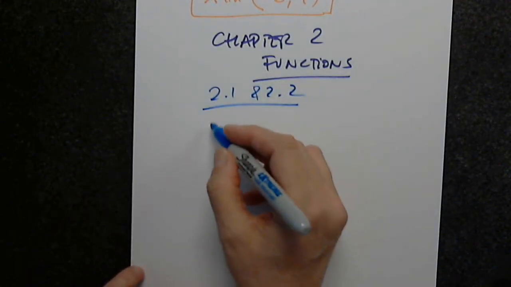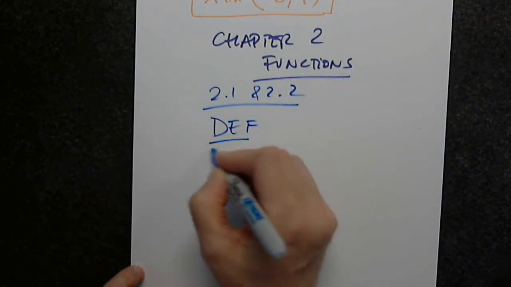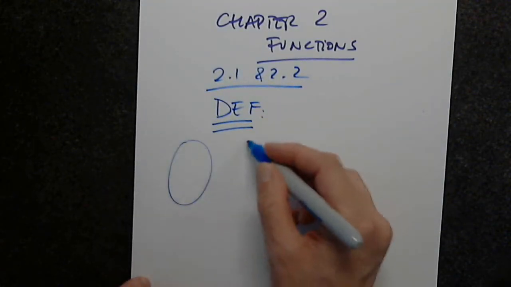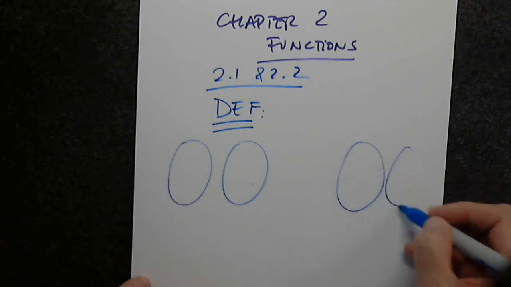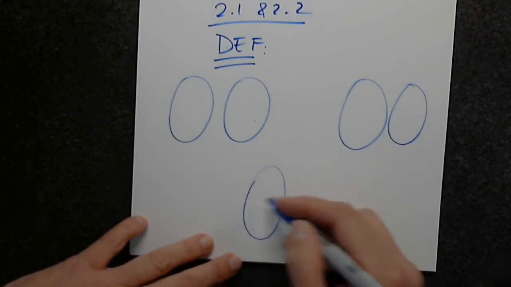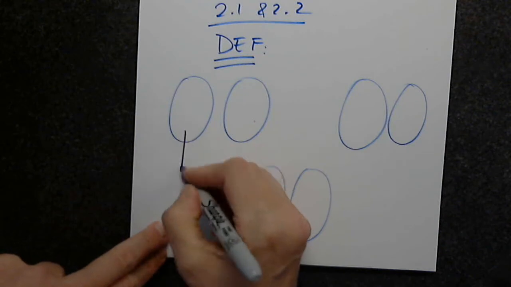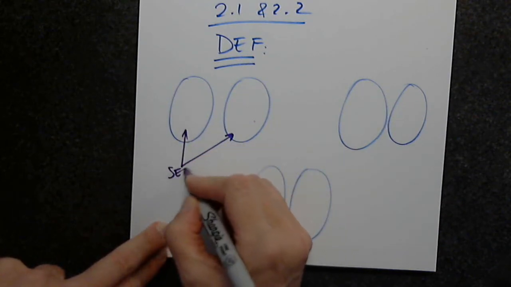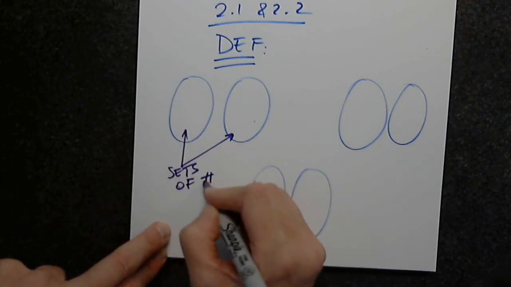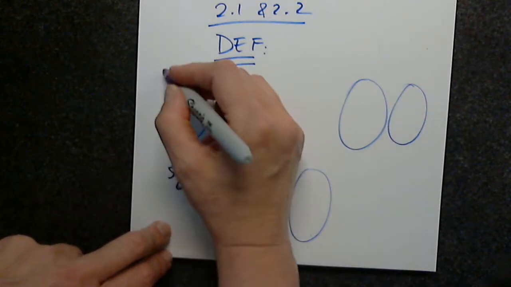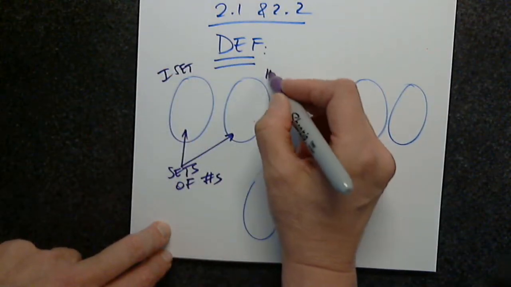Okay, so let's first look at the definition. What is a function? I'm going to give you 3 situations. Situation 1, situation 2, and situation 3. These are sets of numbers, of course. This is the first set, and this is the second set.